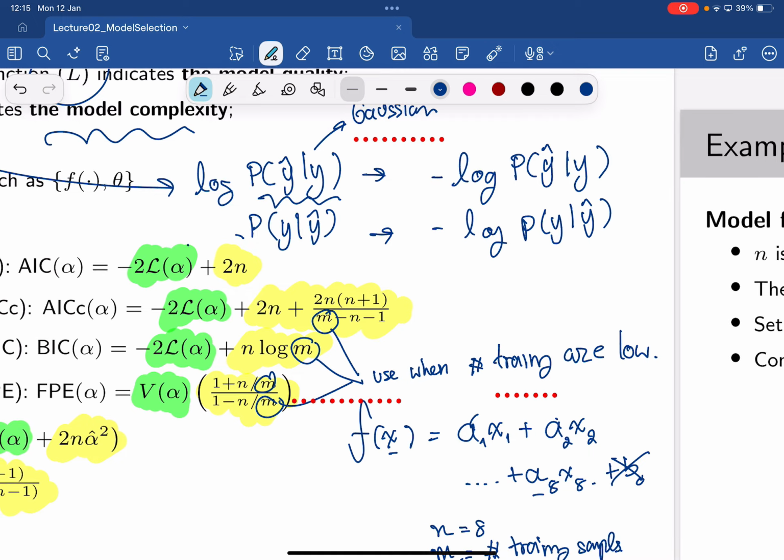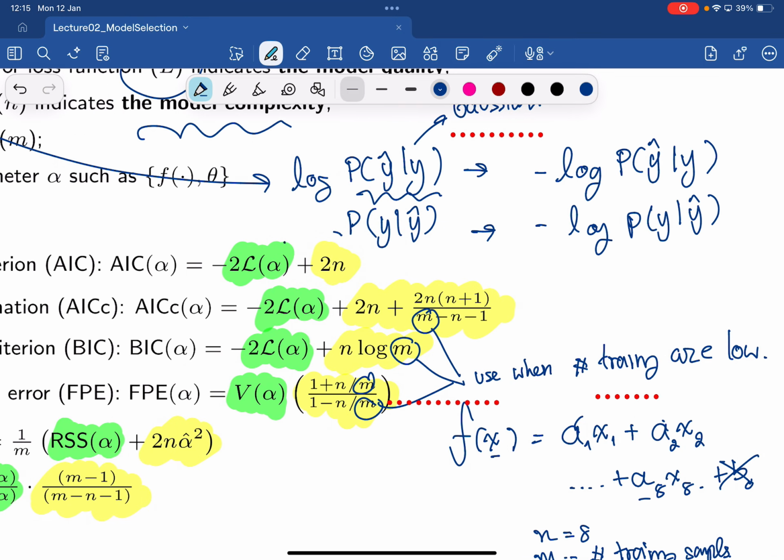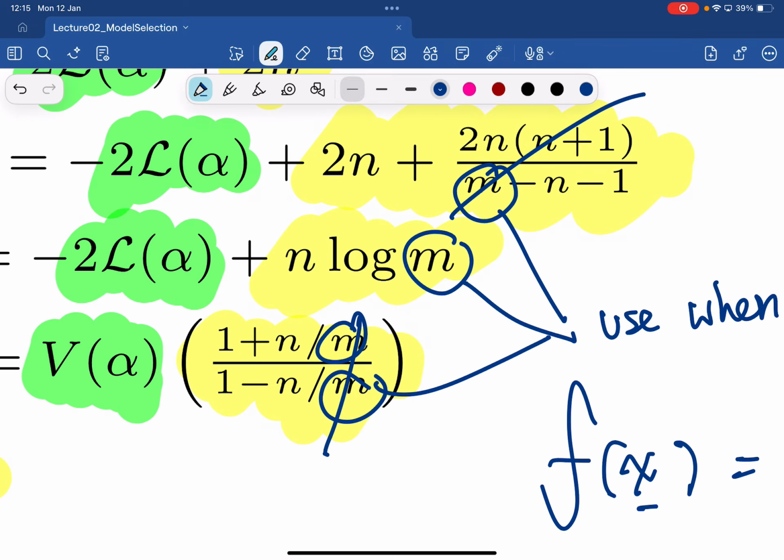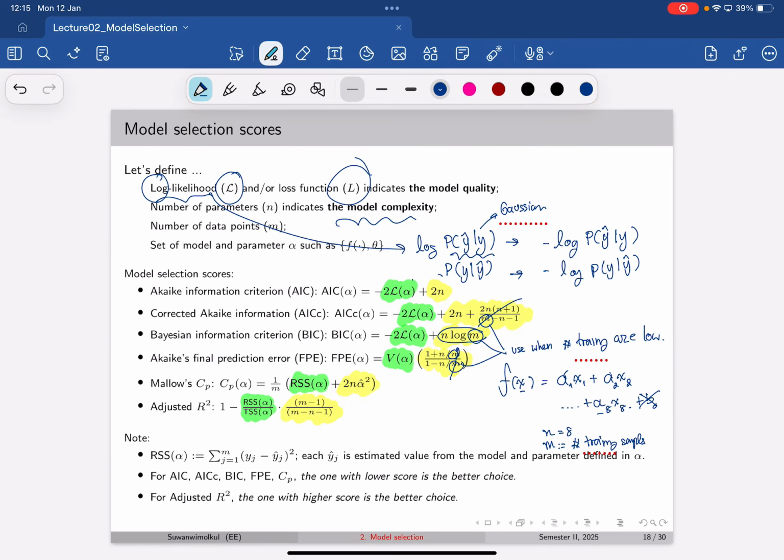Why? Just imagine if M is large. If M is large, this term definitely goes to somewhere like 0. The log of a large term, in fact, goes to infinity. But normally this means that if it goes to infinity, there's no point having this term. We need them only when the number of samples is low. Usually they just use them for that reason.